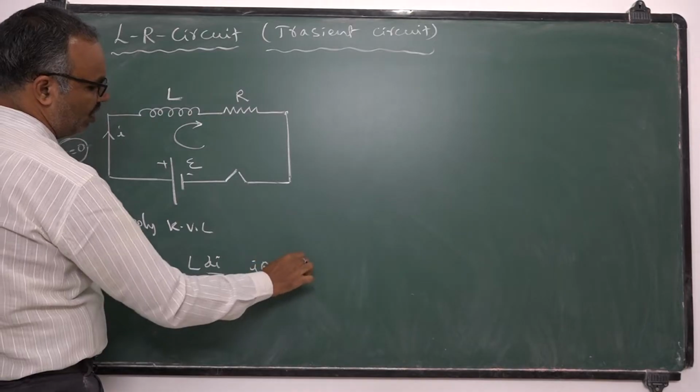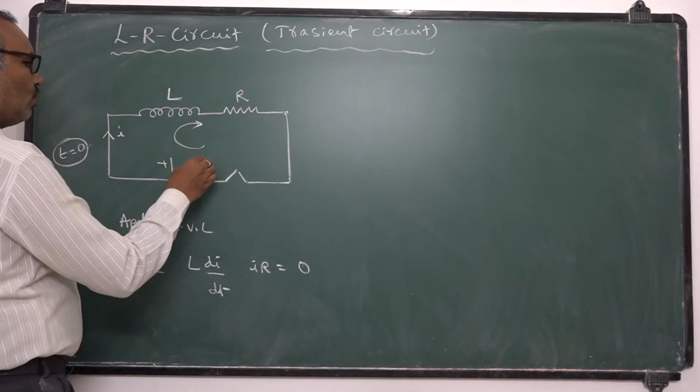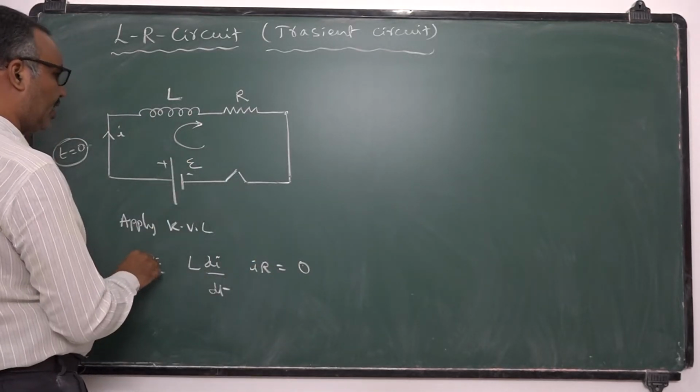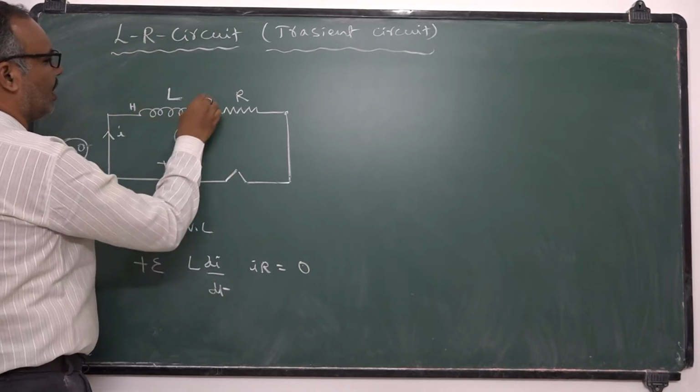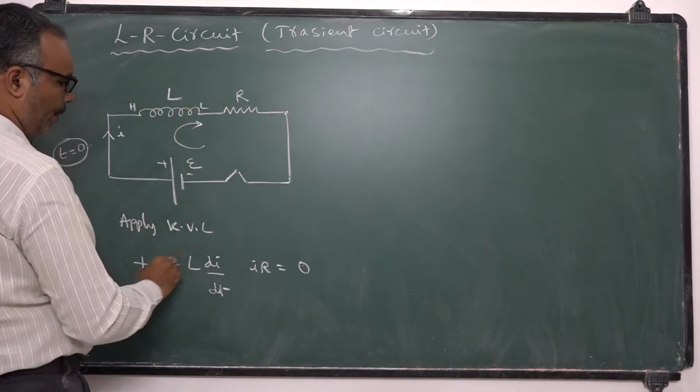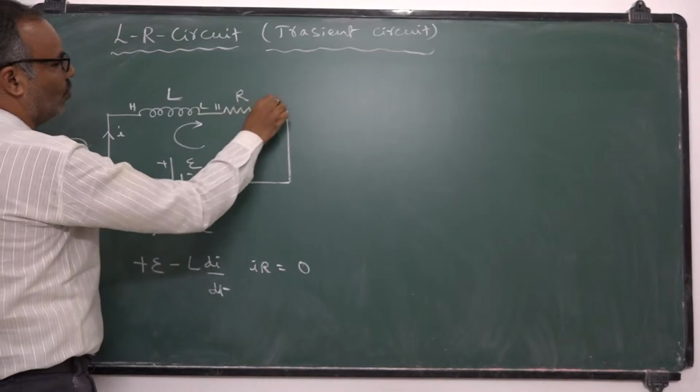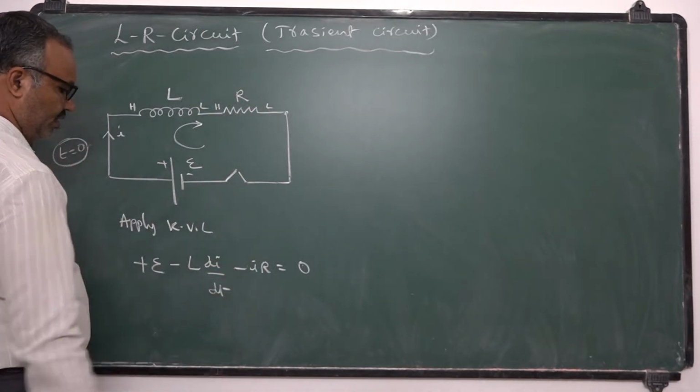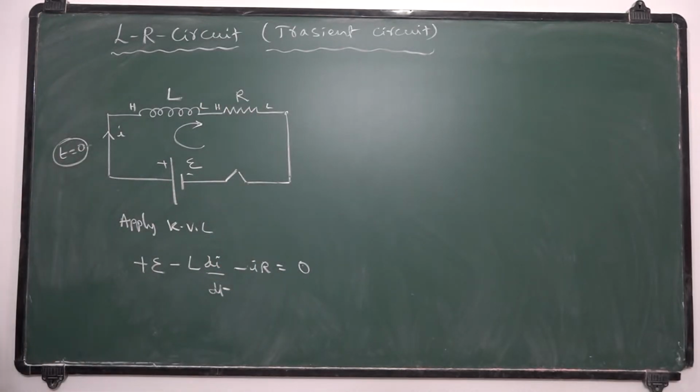These are the three voltages available. As you go from low potential to high potential, it is taken as positive. This is high, this is low. High to low, negative. Again high to low, negative. This is the general equation of Kirchhoff voltage law for this closed loop.